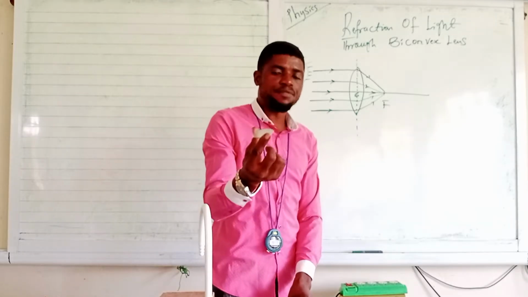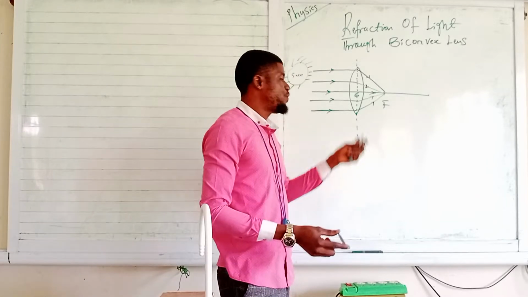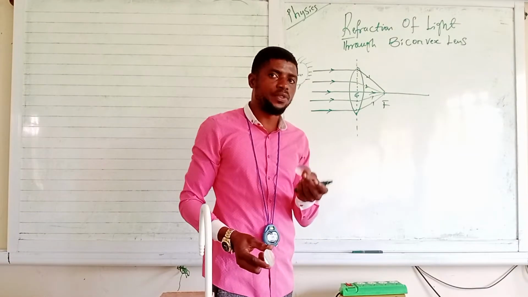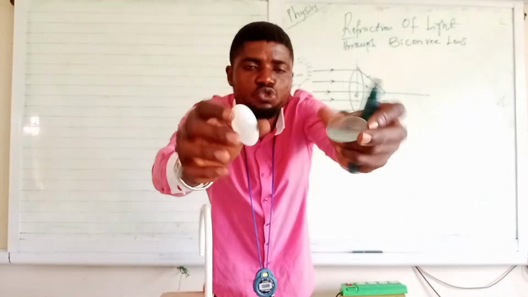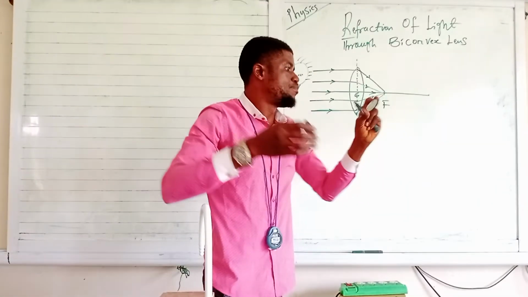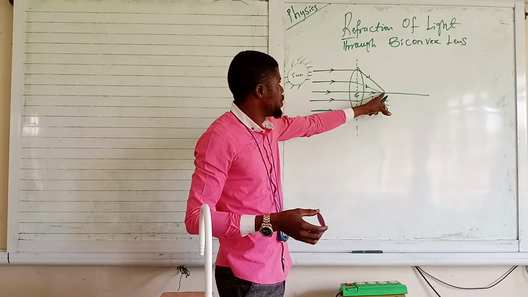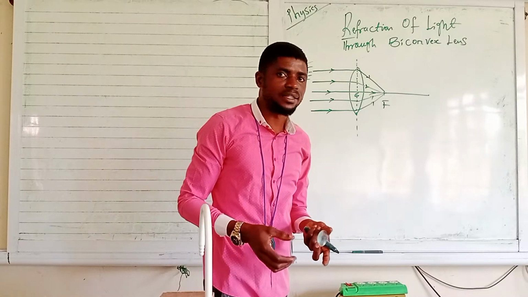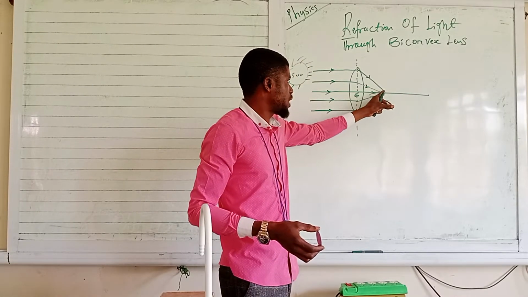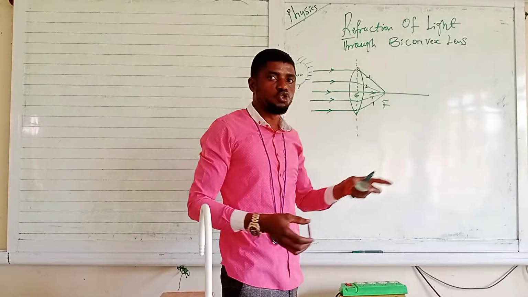The concave mirror is also called the converging mirror. The biconvex lens is also called the converging lens. Both of these two guys can be used to cook your food. If you put this guy under the sun and you position your hand at this point, you experience a strong sensation of pain. This guy too can be used to burn a paper. This guy too can be used to cook.